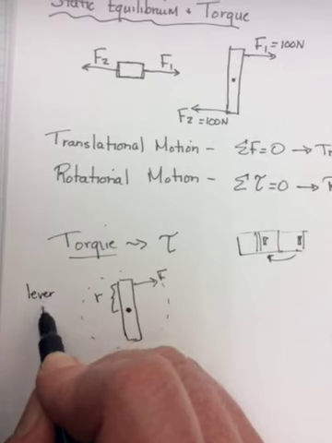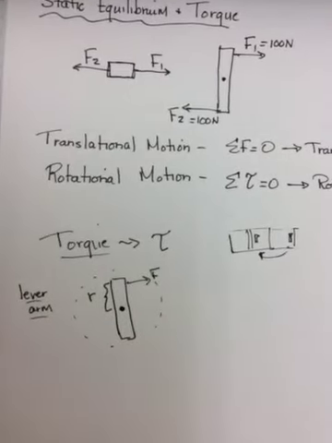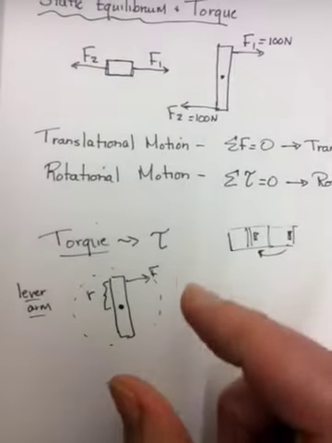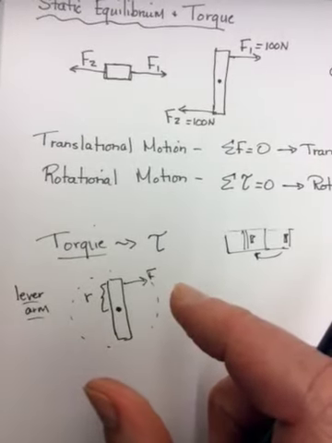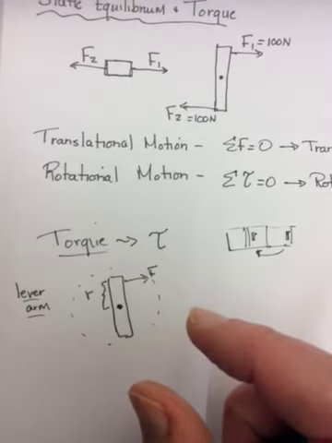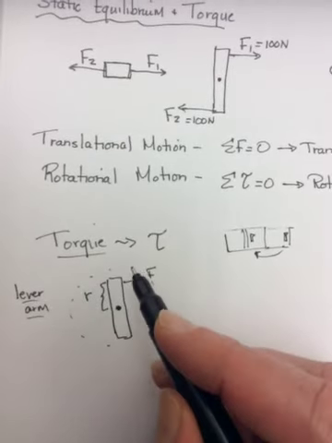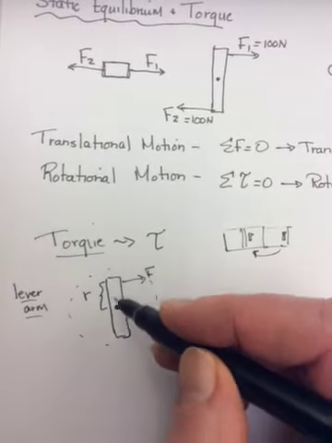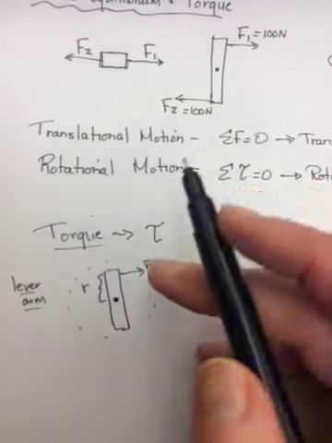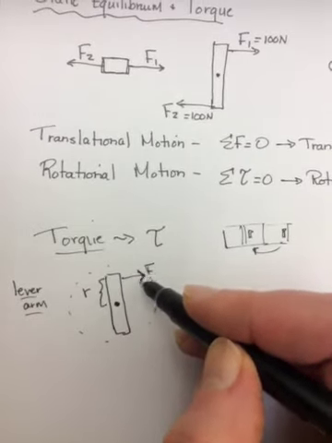And those of you who have ever tried to get a bolt or a screw out that's really, really tight and you're using this minuscule screwdriver or wrench, you probably know to go and get a longer handled one. Because getting a longer handled one means you're applying the force a further distance from the pivot point, and it's going to give you more torque even though your force is limited.